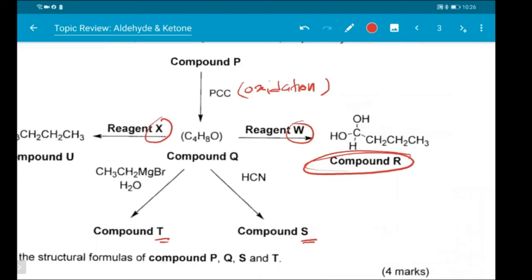Alright, dekat compound R ni. Ini adalah hint dia. Alright. For this compound, can you tell me where is the position of the functional group? Rasa-rasanya. Ya, kat mana?